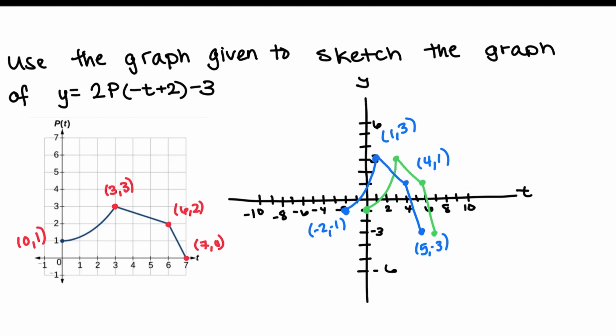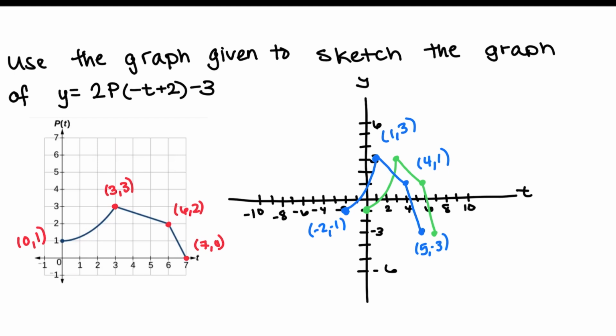There was a point at, let's see, (6, 1). I move it left 2, it's at (4, 1). The point at (7, -3), move it left 2, it's at (5, -3). And so that entire graph has been shifted left 2 units.